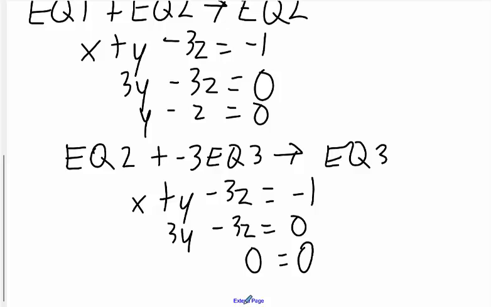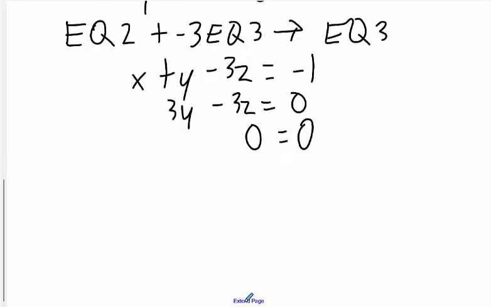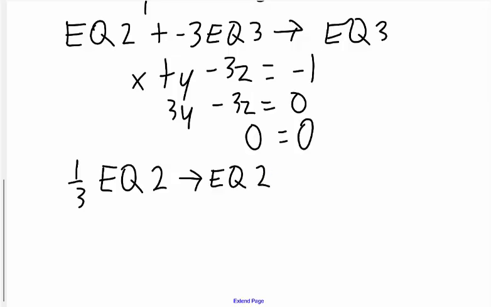So now what we do, we can still get this to row echelon form. What we do is we multiply the second one by 1/3, 1/3 times equation 2, and we'll replace equation 2.